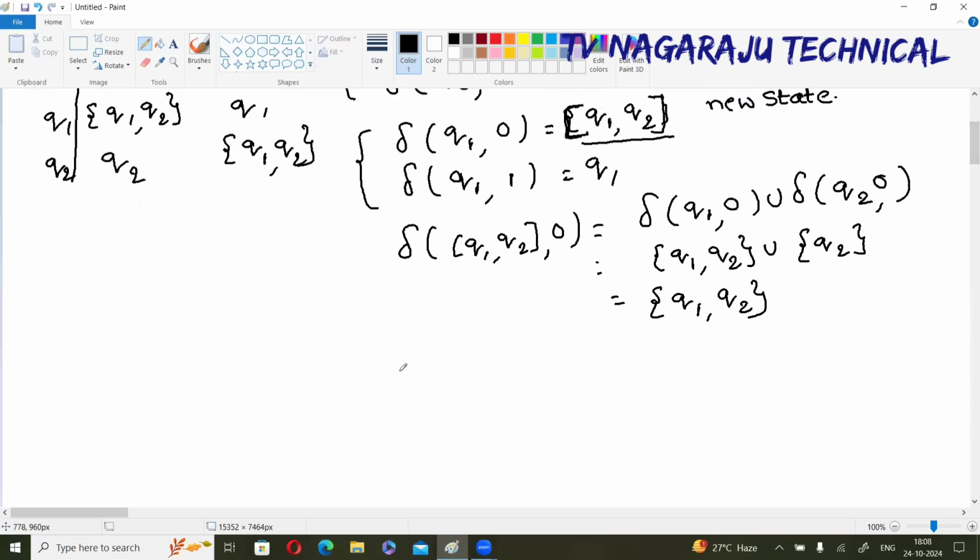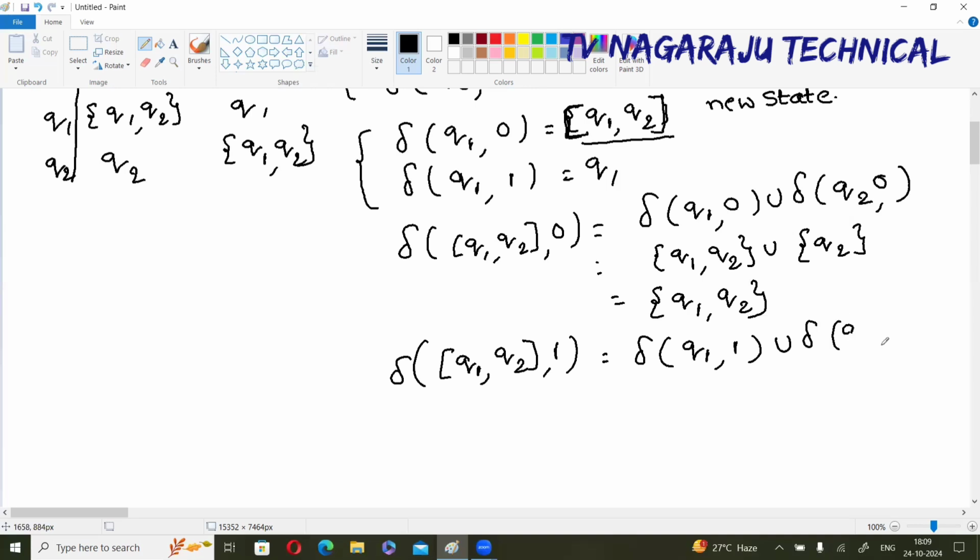Now make the transition delta of Q1 comma Q2 on 1. Similarly, delta of Q1 on 1 union delta of Q2 on 1. What is Q1 on 1? Only Q1, union Q2 on 1, Q1 comma Q2. Finally, by union, Q1, Q2.